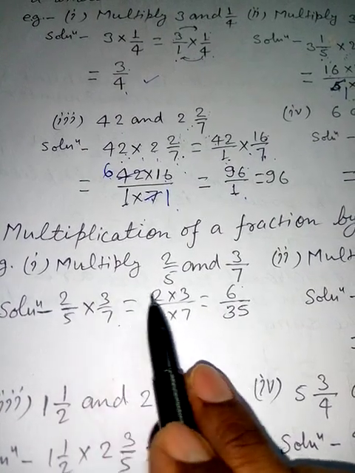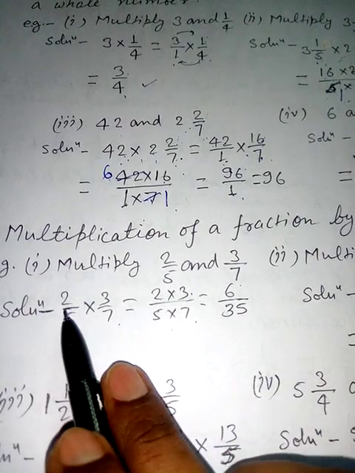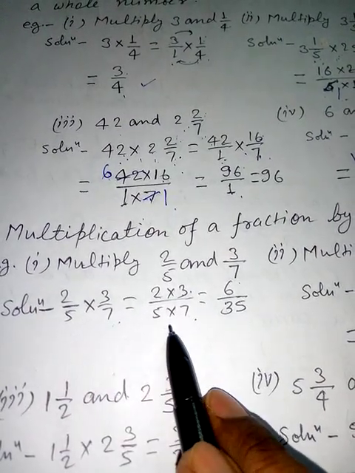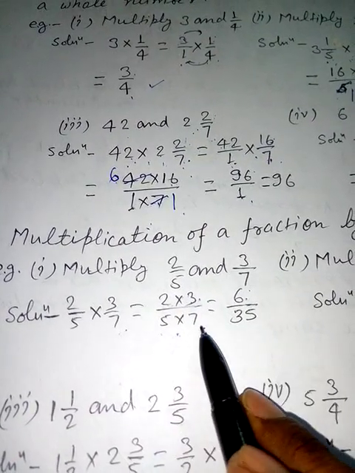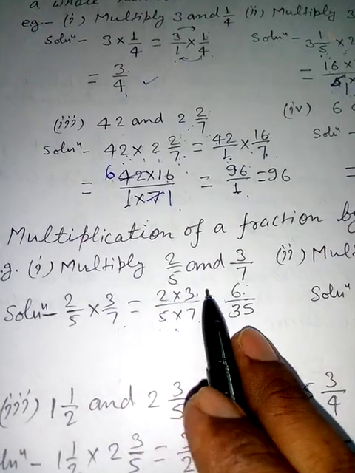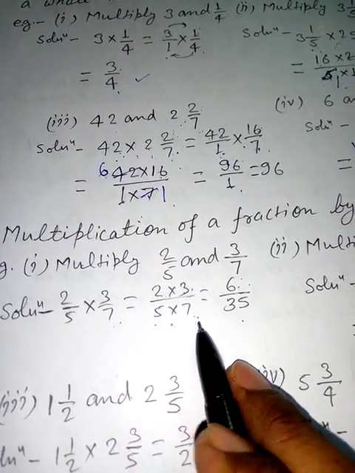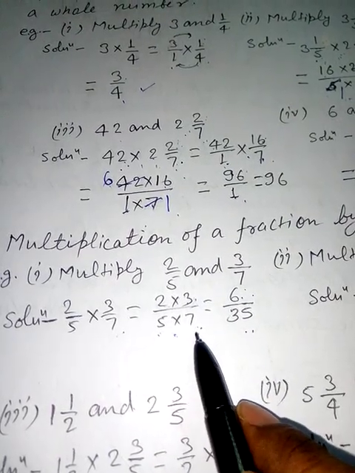Write down 2 into 3 and 5 into 7 in the denominator. Multiply numerator to numerator and denominator to denominator. Now 2 threes are 6 and 5 sevens are 35. Because here nothing is reducible, you just multiply. 2 threes are 6 and 5 sevens are 35. But multiply numerator to numerator, denominator to denominator.